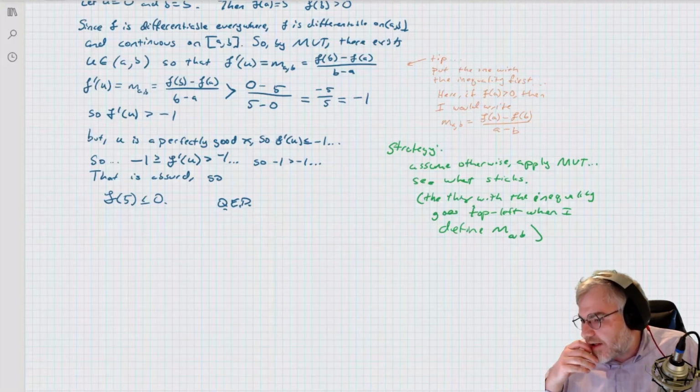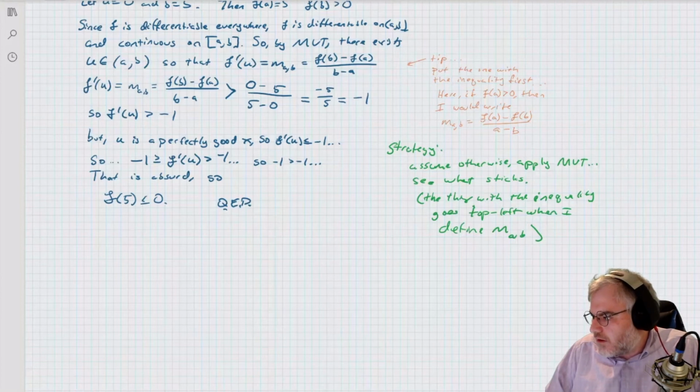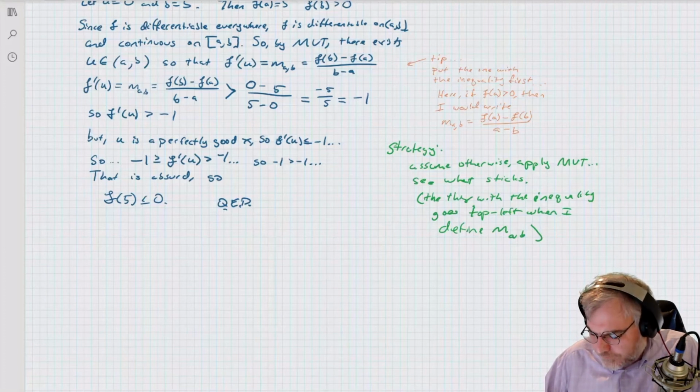I just noticed that on my notes I did it with the, oh no, I did it right. So these have different things, but they're all kind of the same flavor.